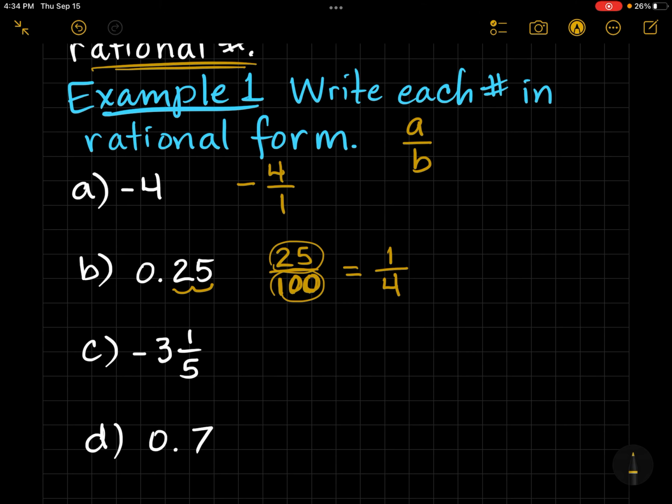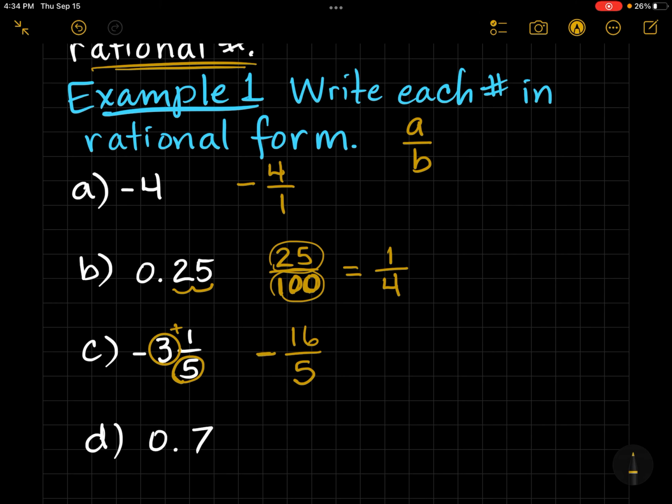-3 1/5. Well, we don't want mixed numbers, so we're going to write this as an improper fraction. Remember, in elementary school, we multiply 5 times 3 and add the 1. So that would be 16 over 5, and then we put the negative on there.